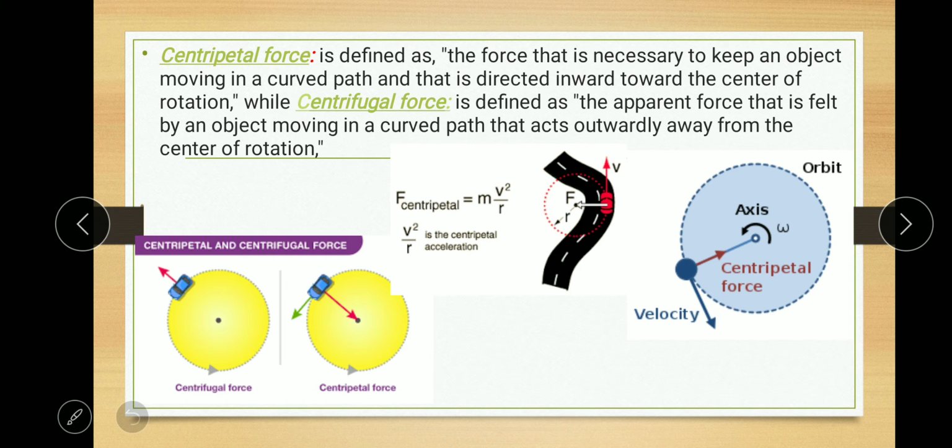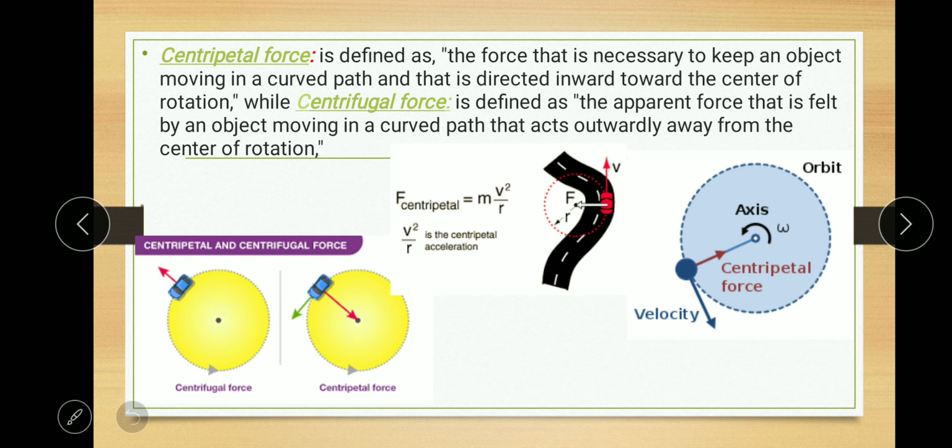Next, what is centripetal force and what is centrifugal force? Centripetal means force towards the center of the circle, and centrifugal is opposite, away from the center of the circle. Fugal means far, petal means near to the center.